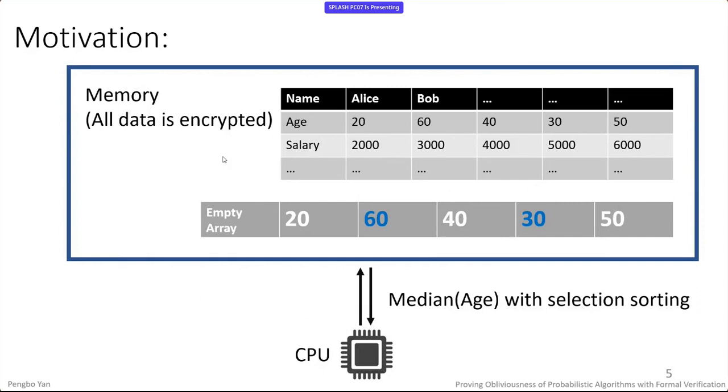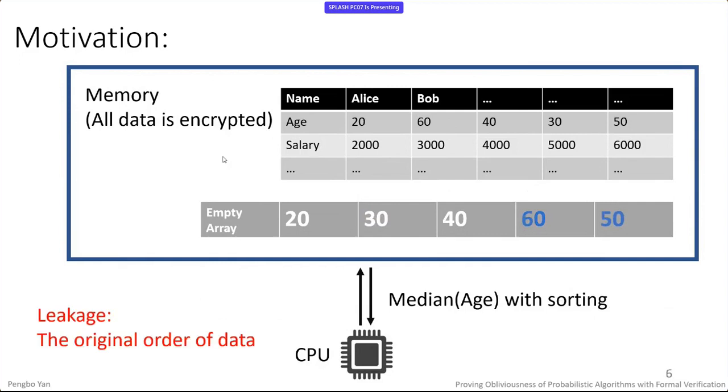Then suppose the memory access pattern is known by the attacker. What this implementation does is try to sort the row of ages. For example, we swap this 60 and 30 as a first step, and then we swap the 60 and 50 as a second step.